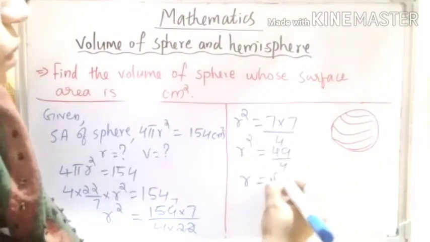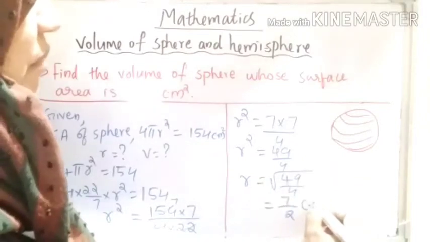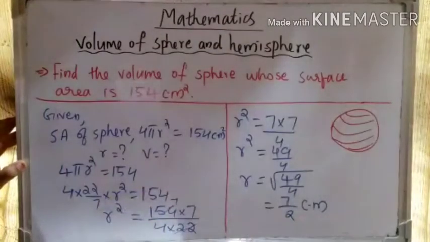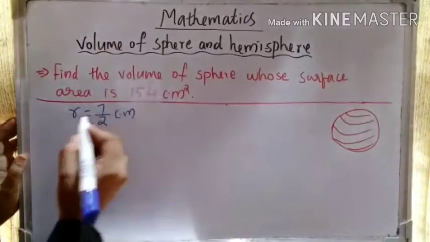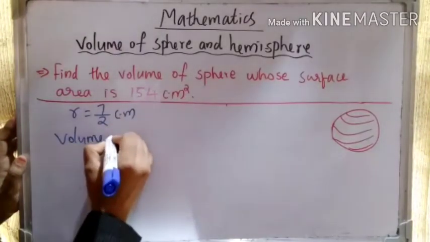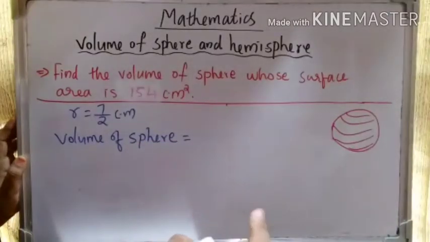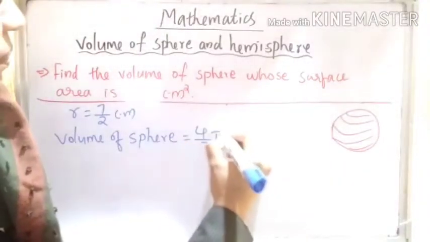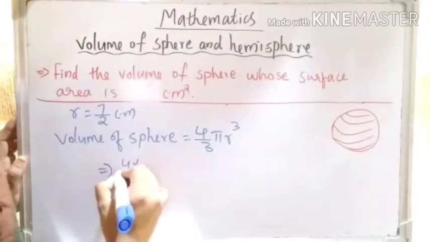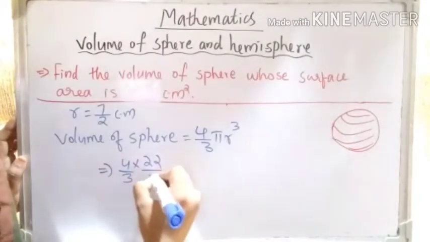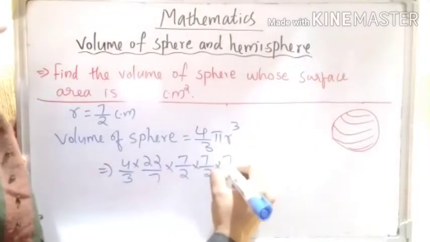Then what is r? Root of 49 by 4 is 7 by 2 centimeter. So radius is 7 by 2 centimeter. Then find volume. Volume of sphere, we know the formula, 4 by 3 pi r cube, that's equal to 4 by 3 into 22 by 7 into 7 by 2 into 7 by 2 into 7 by 2.